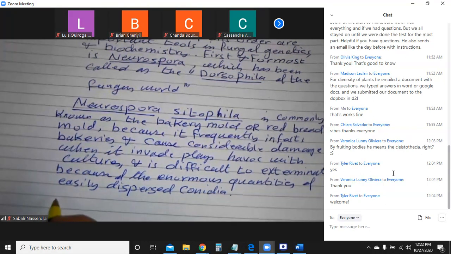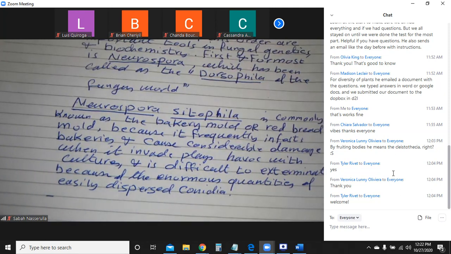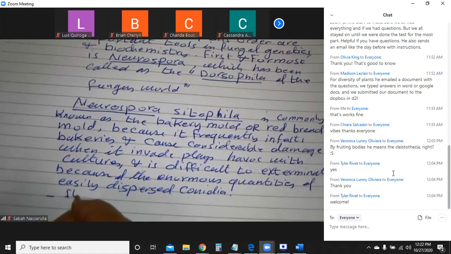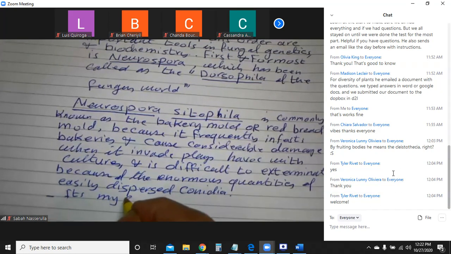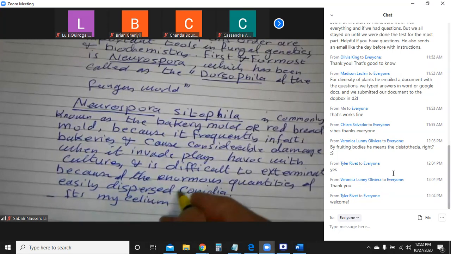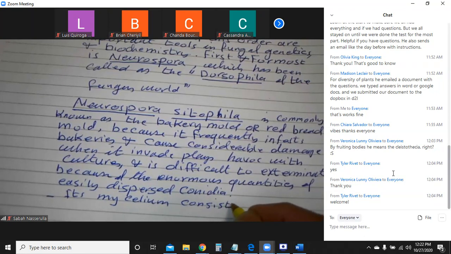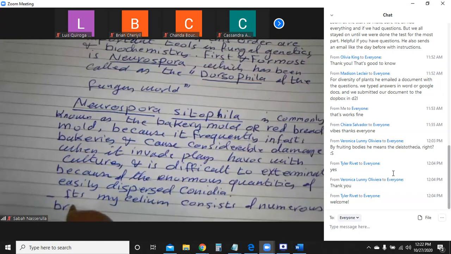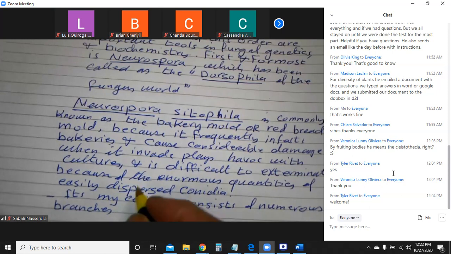Now, just a few lines here to show the characteristic of the hyphae, only one or two lines I'm going to mention to you here. Its mycelium consists of numerous branches of hyphae.